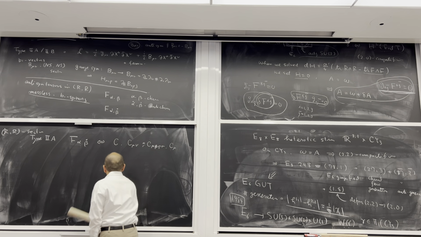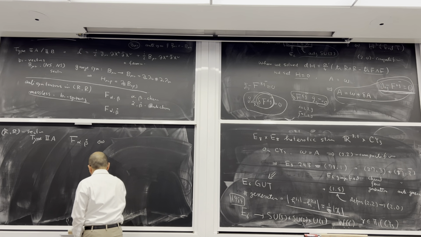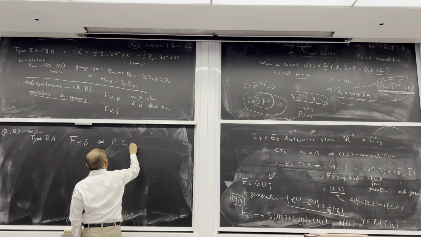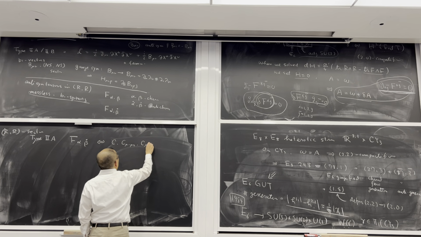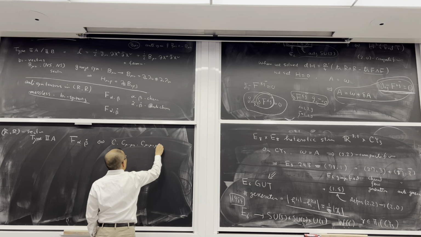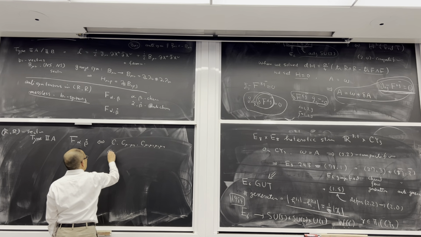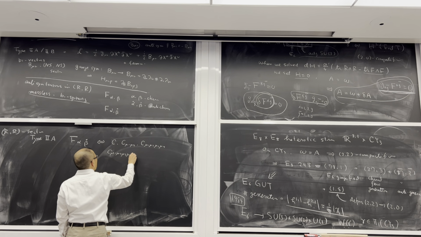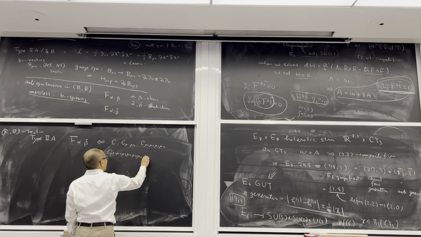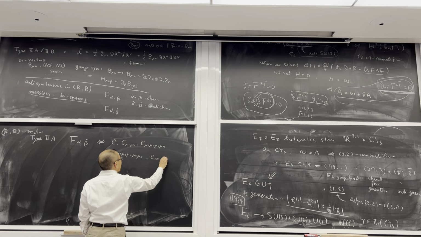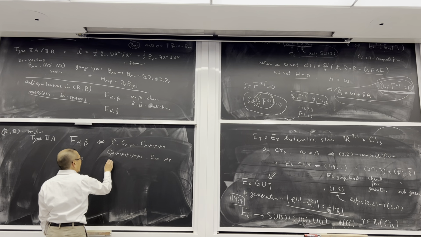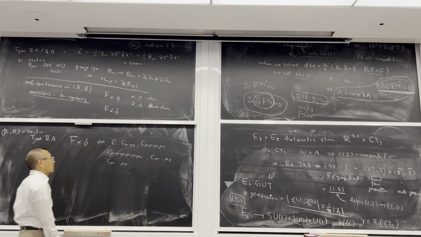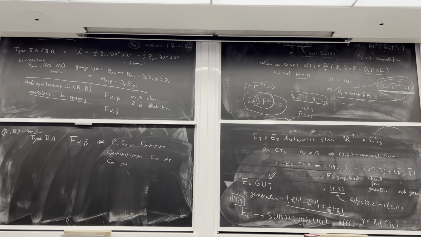So I ran out of indices, so let me parameterize it in a different way. C mu1 mu2, C mu1 mu2 mu3 mu4, C mu1 to mu6, and C mu1 to mu8, and then 10. Okay, so there are those things.